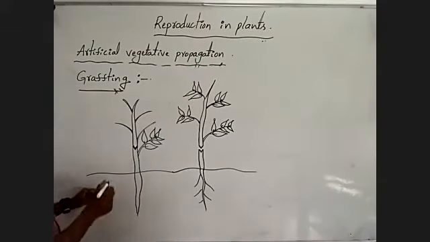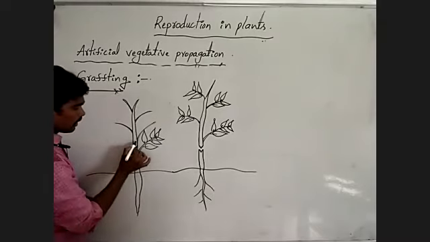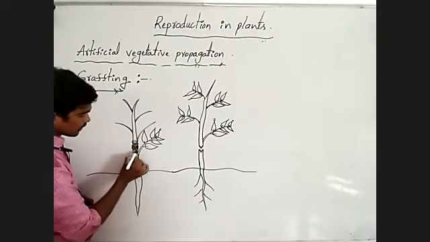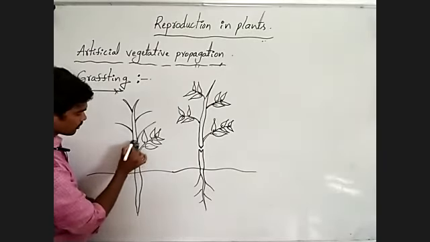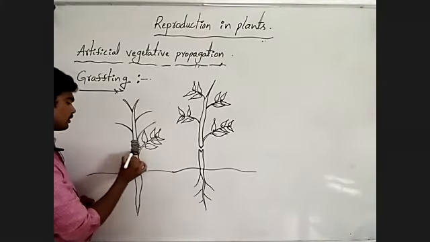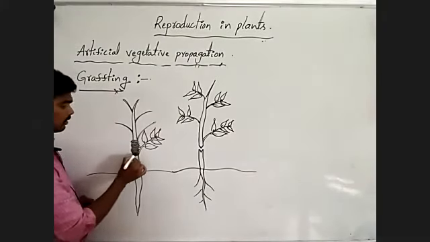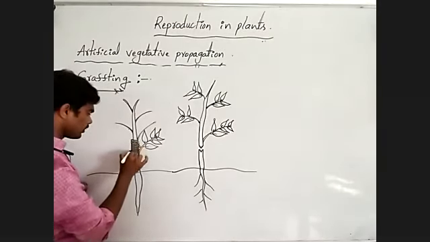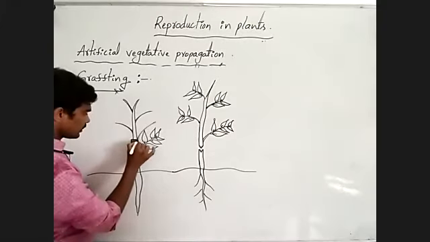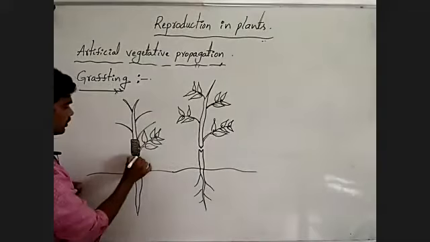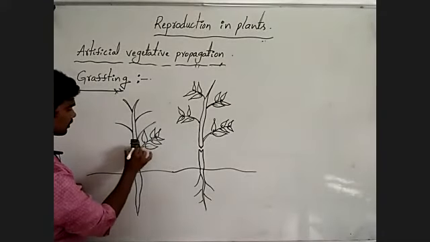Like this, two stems are joined together and tied tightly using thread. Then that region is covered tightly with a polythene cover like this.